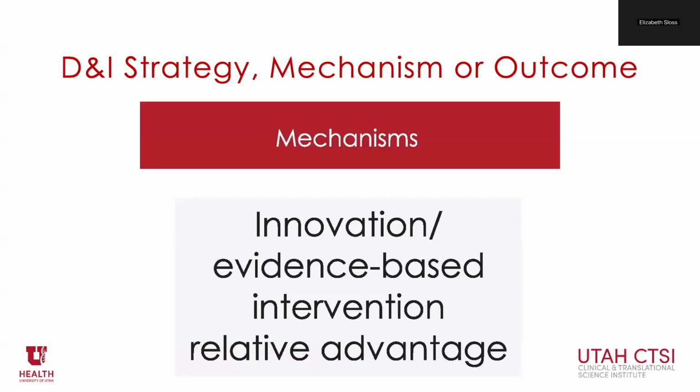How many different interventions are there out there for weight control? There are so many that we really need to think about the landscape and how we design what we're doing to be better. And so that's the mechanism. The mechanism is we get perceptions of relative advantage from the audience that's intended to take up the intervention, and that leads to the adoption.